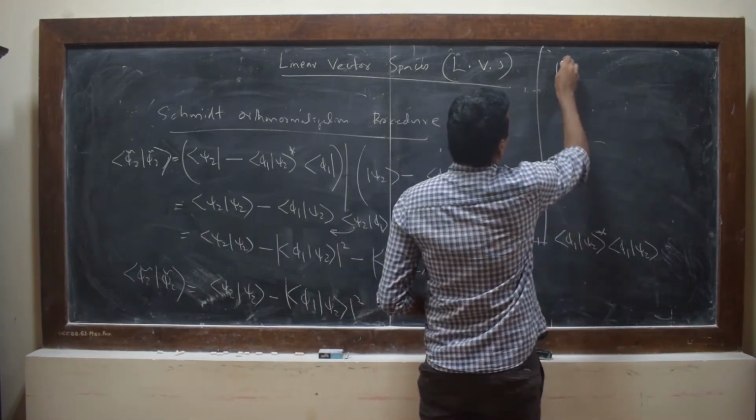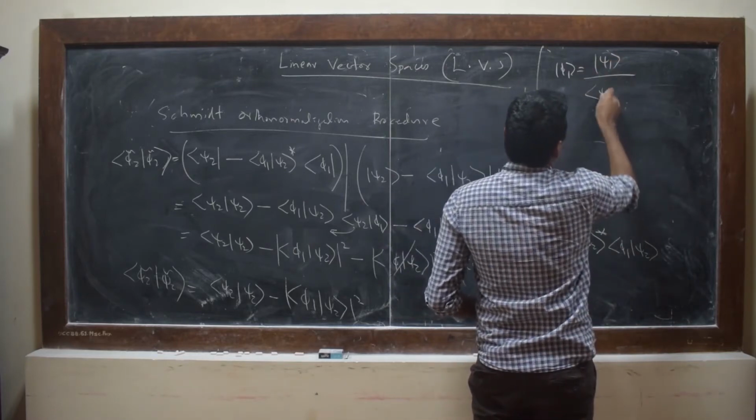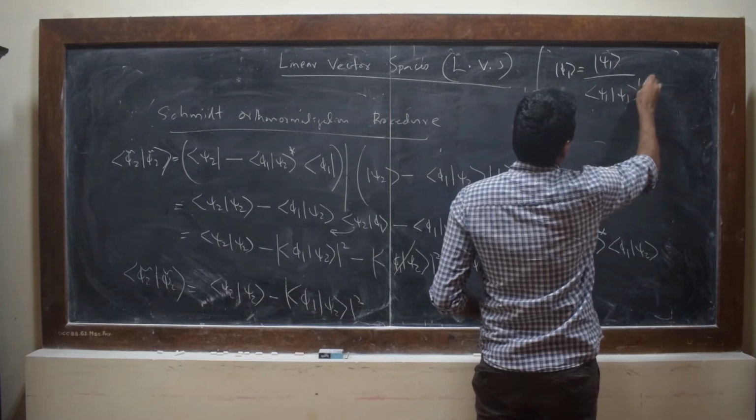Okay. So now I can write my vector phi 2, I mean I'll write in this corner. Already my phi 1, I wrote it as my vector psi 1 divided by ⟨psi 1|psi 1⟩ all raised to half.